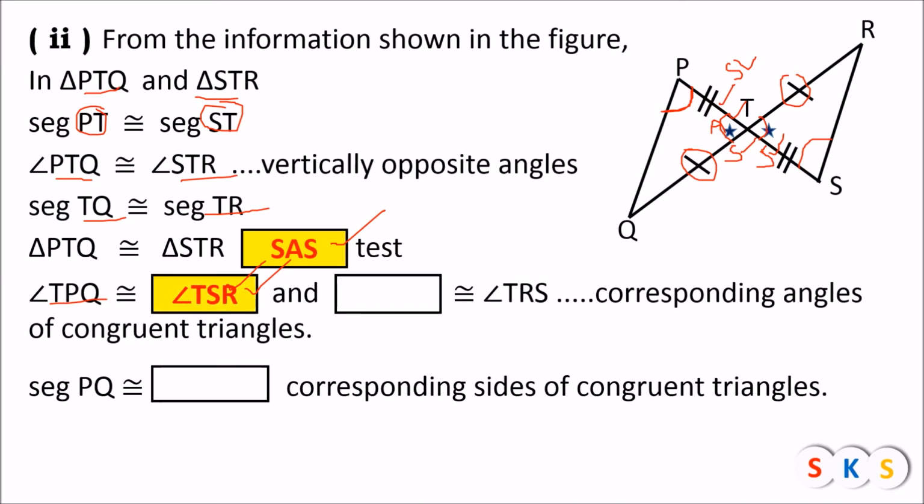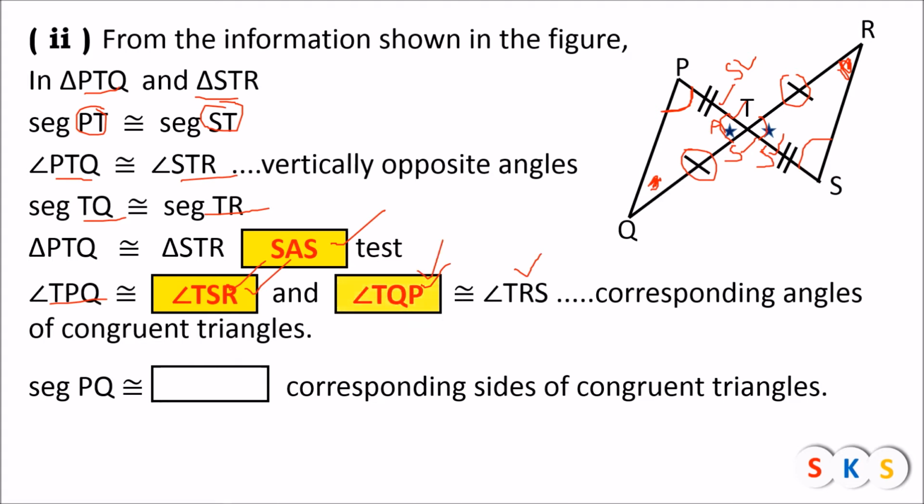And angle TRS, this angle, is congruent to which angle? Angle TRS is congruent to angle PQT. So which angle will we write over here? PQT or TQP, as they are angles of congruent triangles.